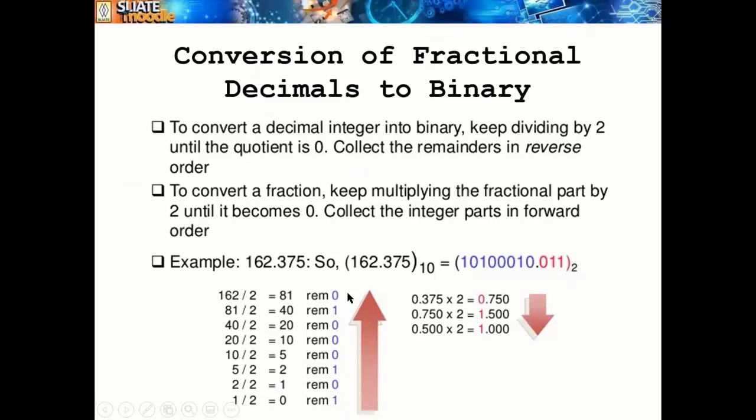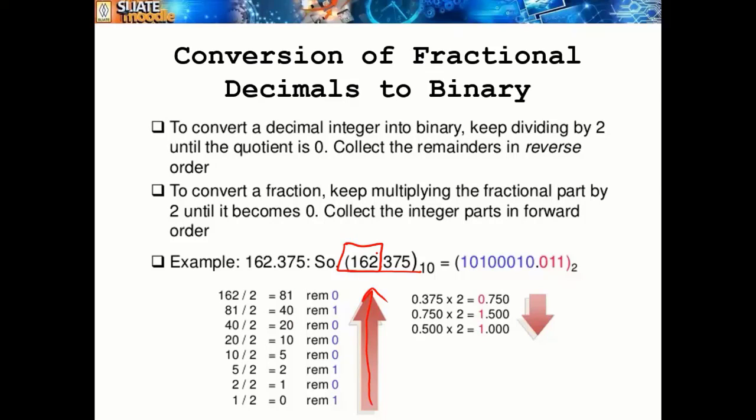Now this is another example. So we see conversion of fractional decimals to binary. This is what we have been discussing now. If there is an integer and a decimal or fractional part in the same number, for the integer part, you divide it and take the bottom to top reading.